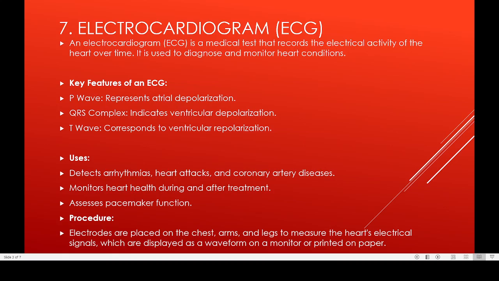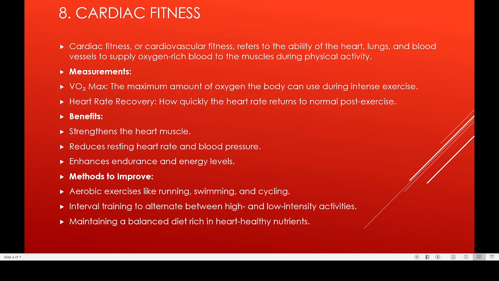It is a record of this electrical activity. So finally we get a graph like this, showing the variations in our electrical activity, and based on that doctors are able to predict whether the heart is working properly. So that is about the ECG.